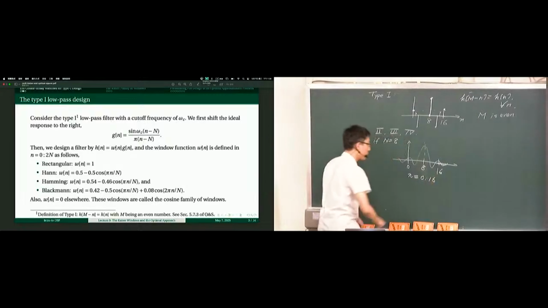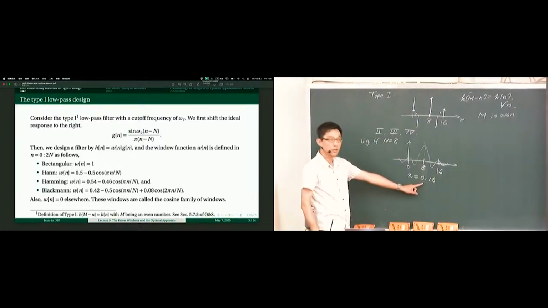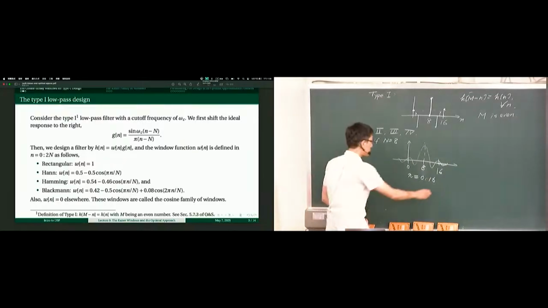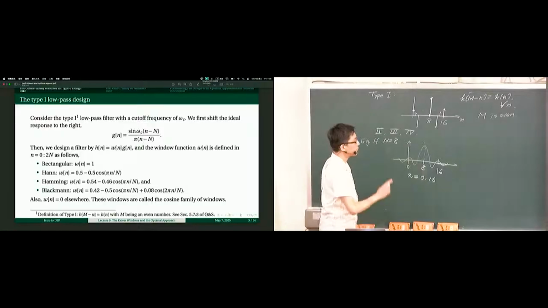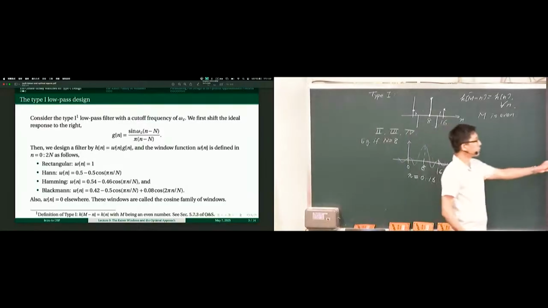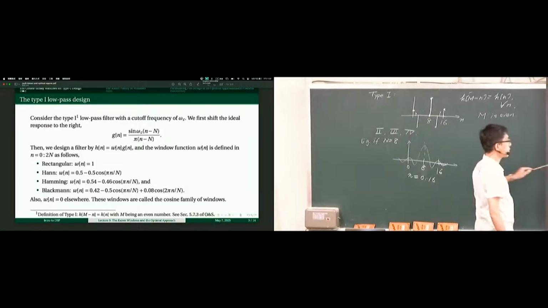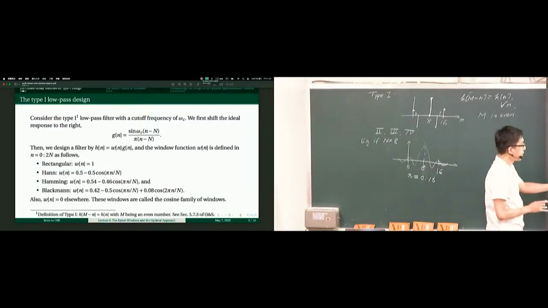Here I'm borrowing a MATLAB or Python notation. n goes from 0 to 16. Is that clear? So we first shift the ideal response to the right, and then we can now multiply using the same window. Just after shifting, let's make sure that all the notations agree with each other. So g of n already shifts to the right.